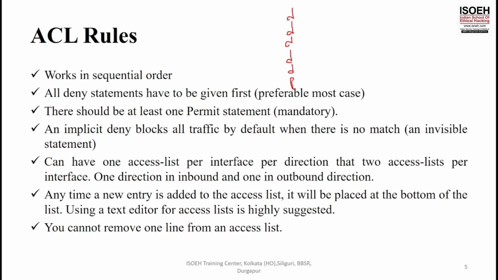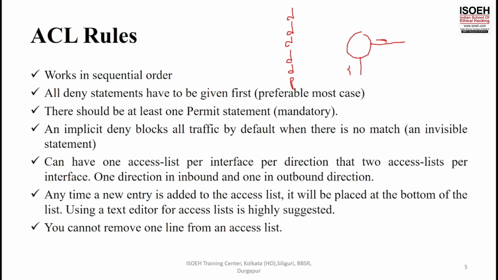You can have one access list per interface, because an ACL applies to only one interface per direction. For example, a router has two interfaces, one outside and another inside. ACL is applied on a particular interface, so always keep in mind one rule set applies on one interface, whether you apply it inbound or outbound.